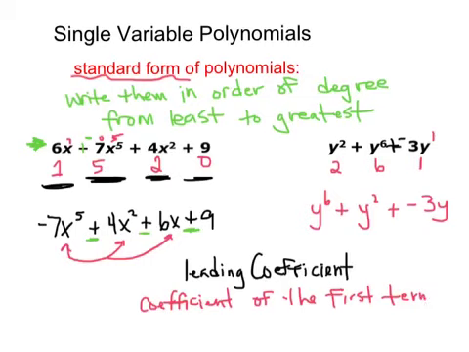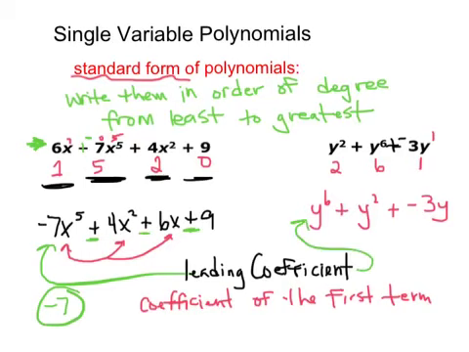Now we find this after we put it into standard form. So if we look at this example over here, the leading coefficient on this one is -7, and the leading coefficient here is, well, remember there's that imaginary 1, so my leading coefficient on this example is 1.